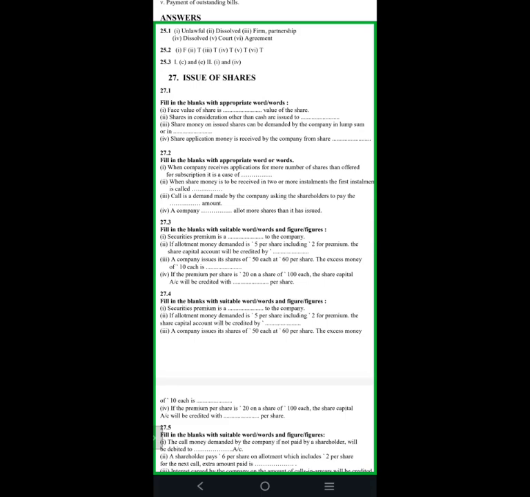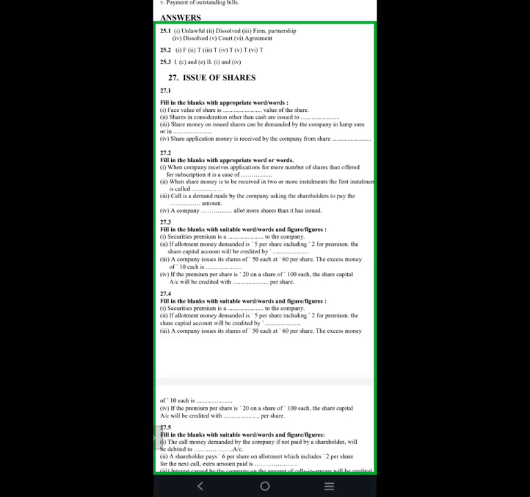Share application money is received by the company from share applicants. When the company receives applications for more number of shares than offered for subscription, it is a case of over subscription.